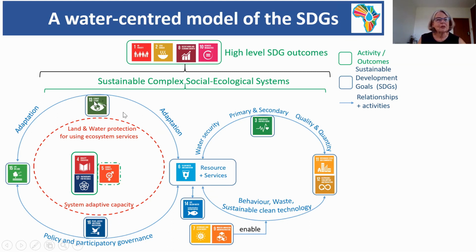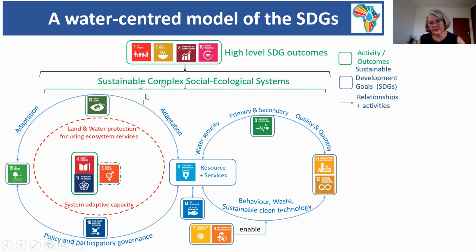And here you have links to land and climate change, to equitable governance, and all of the human relations around education, partnerships, and gender equality. So this is all about land and water protection for using ecosystem services and the systems that have adaptive capacity. When we think about land and water and people who live on land and water, which we will do, we call those sustainable, complex, social, ecological systems.